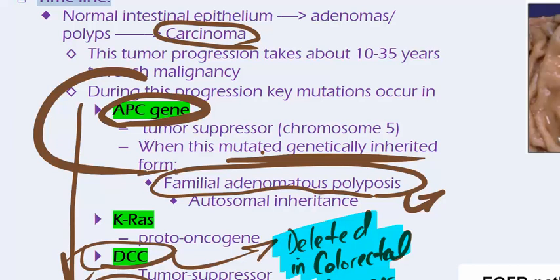But you can have an inherited condition where the APC gene from the get-go is mutated, which is your FAP, familial adenomatous polyposis. Oh, yeah, I do remember that. You guys remember that the polyps are benign. Like your adenoma, the polyps are benign. They're precancerous, but it can mutate to be cancerous. Exactly. You need more mutations before.